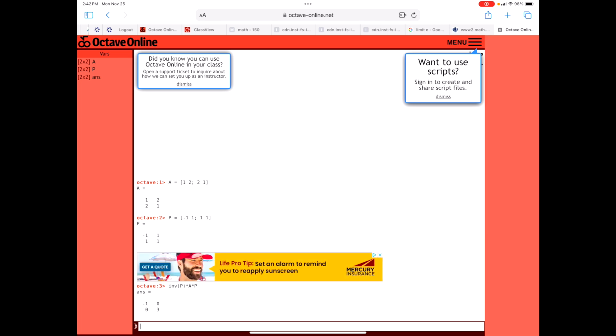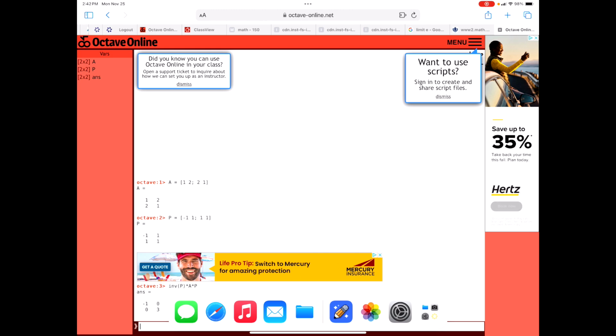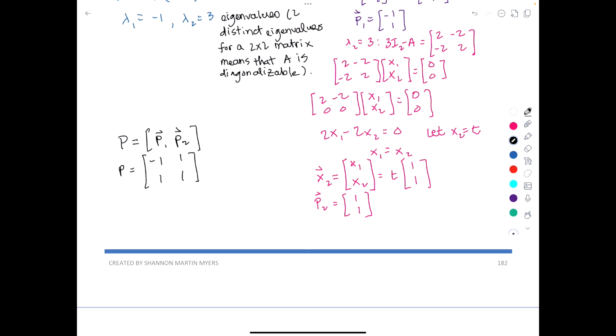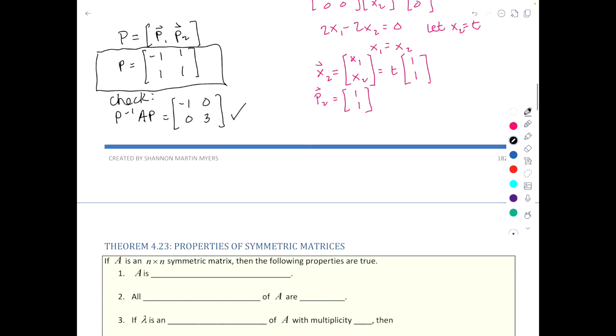When we find our P inverse AP, we get a diagonal matrix with our eigenvalues that we had found. So this is our result. Groovy? Okay, so next up, properties of symmetric matrices.